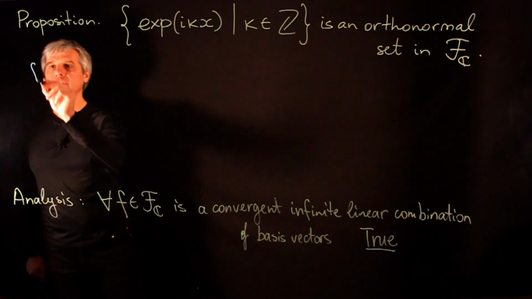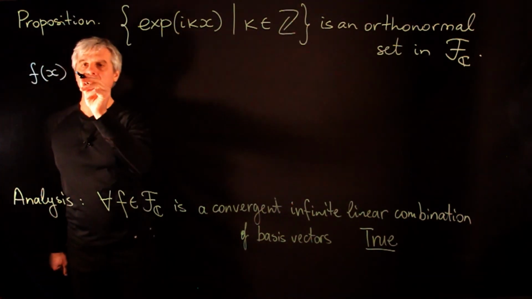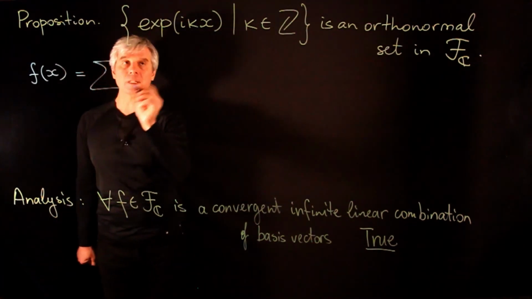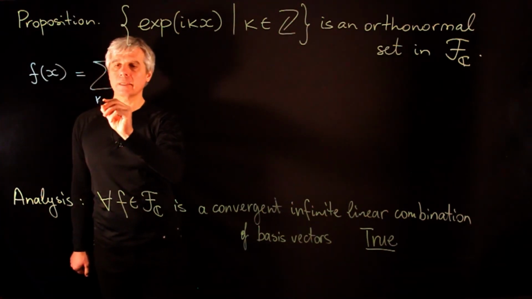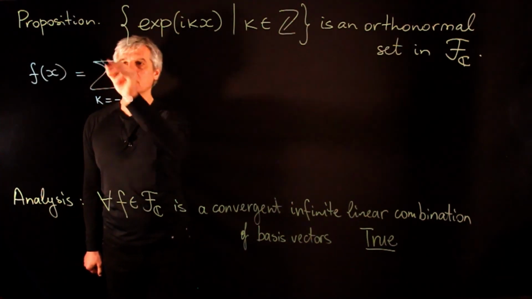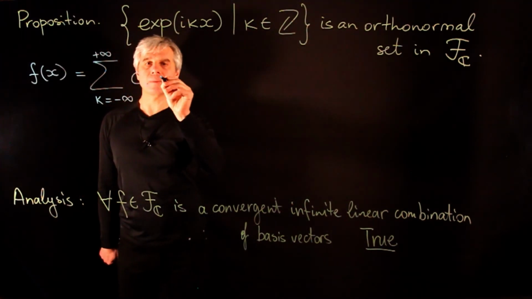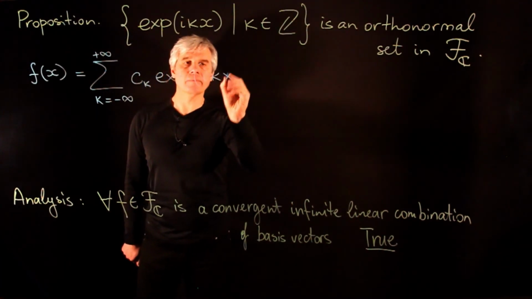Suppose we have a function f of x in this space, and we are able to write this as an infinite linear combination of the exponential functions. So we have the sum, k goes from minus infinity to plus infinity, of some coefficient ck times exponential of ikx.